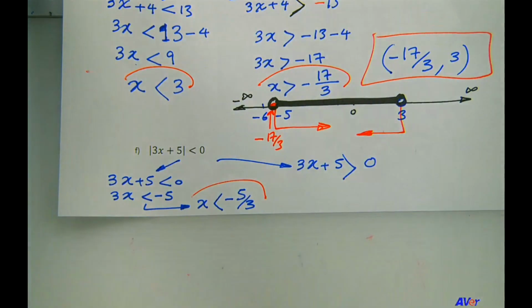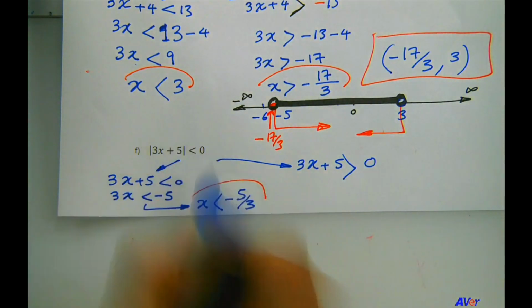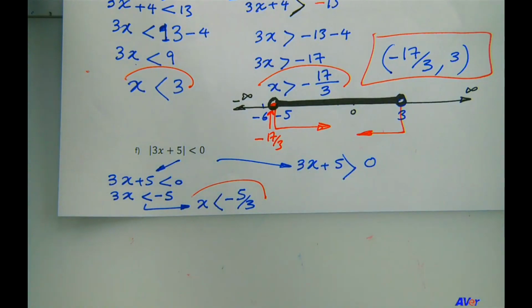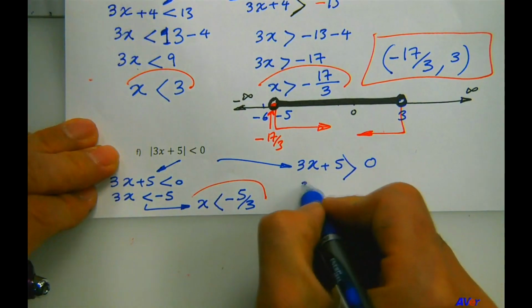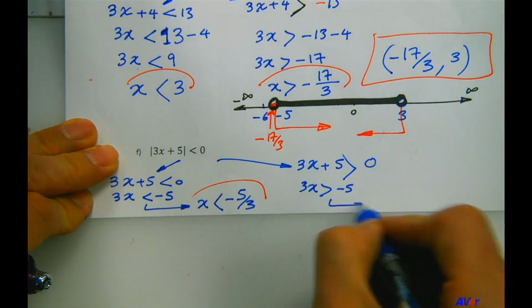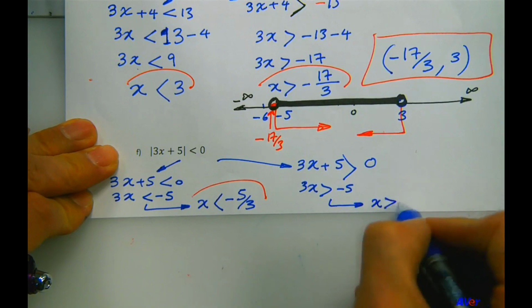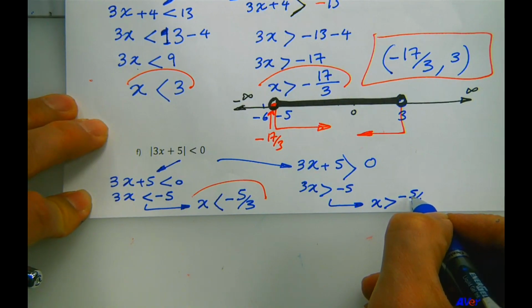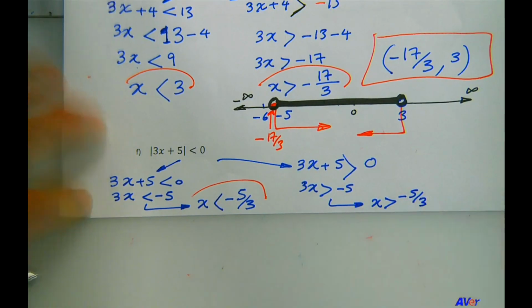It was absolute value less than 0. Now it becomes that quantity greater than 0. Okay? So let's solve for x here. 3x greater than negative 5, and then x is greater than negative 5/3.